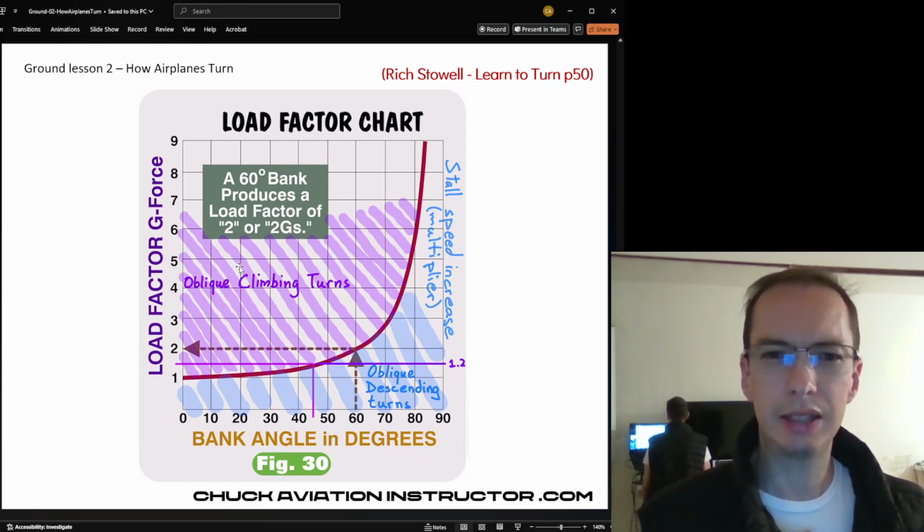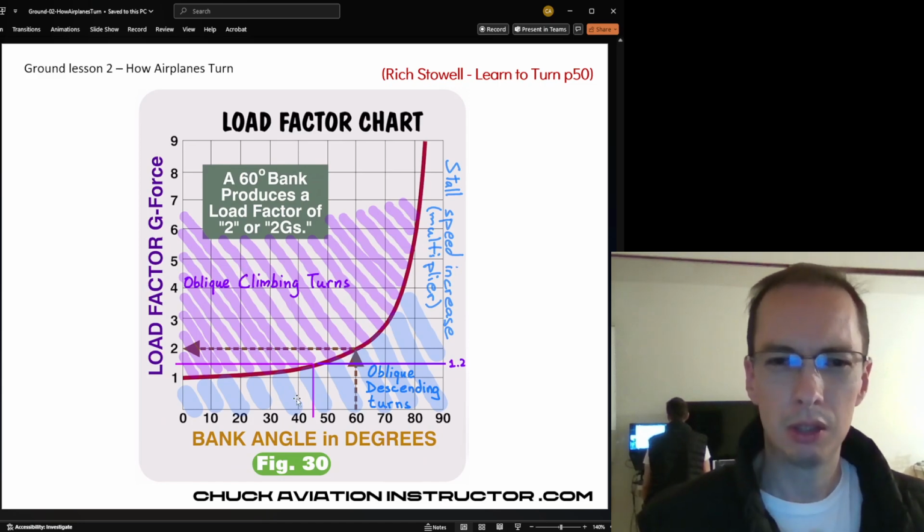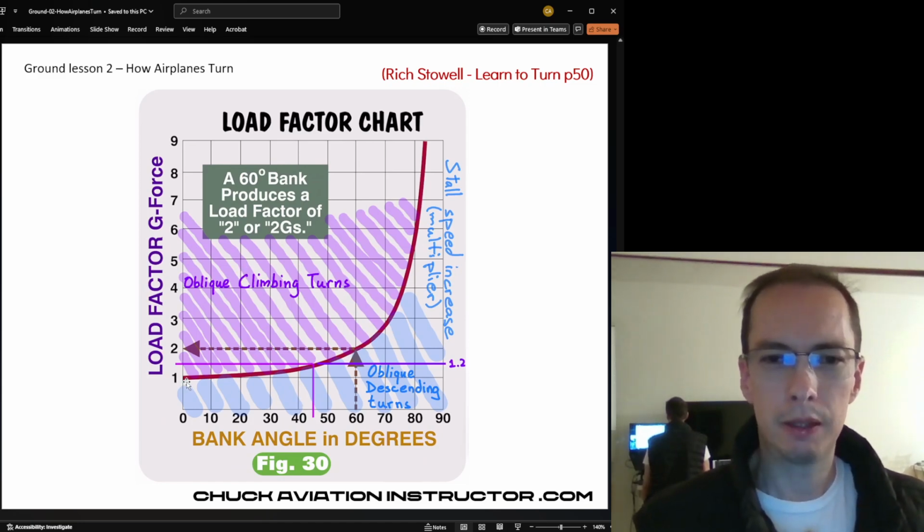So I edited this chart right here, which is the same as the FAA's, only Rod Machado's version, to show how the load factor can relate to the stall speed at a given bank angle. And I also included the oblique descending turns, which are below the red line.